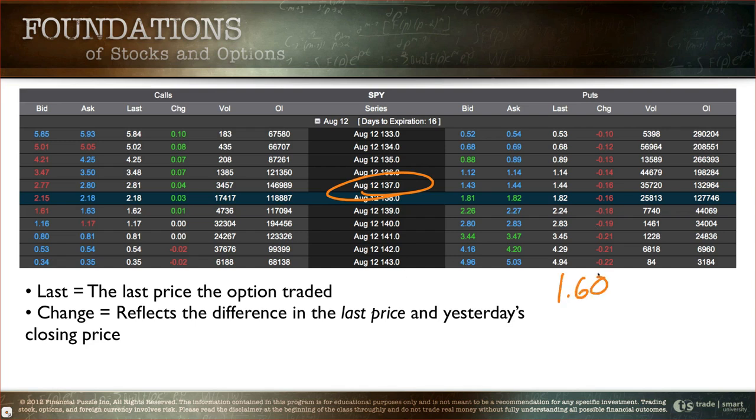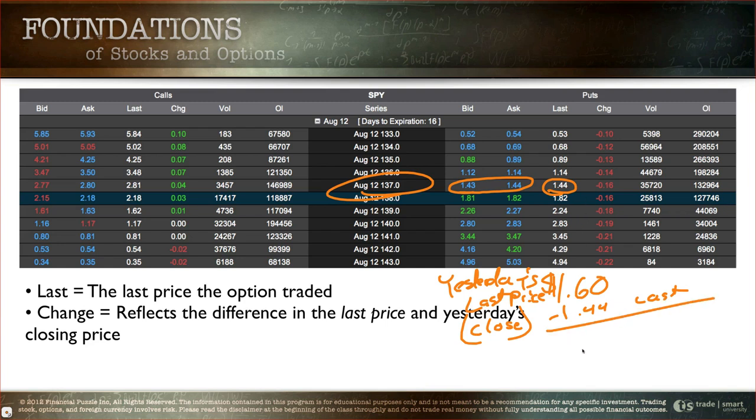All right, so yesterday, at the end of day yesterday, yesterday's last price, also known as the closing price, was $1.60 per share. Well, right now, the current bid and ask is 143 by 144. Well, the last price for this was 144. So you take out the current last price, and that leaves you with 16 cents. That is the difference. This last price is down 16 cents from yesterday's close.